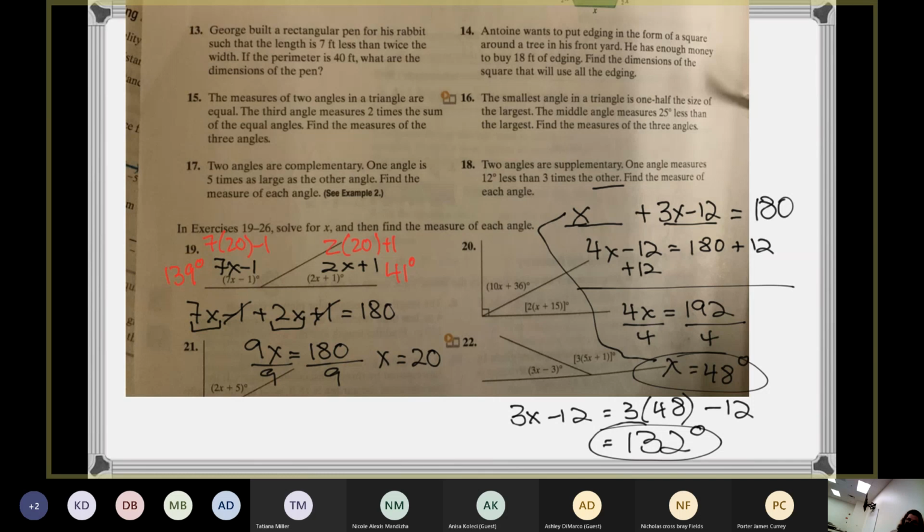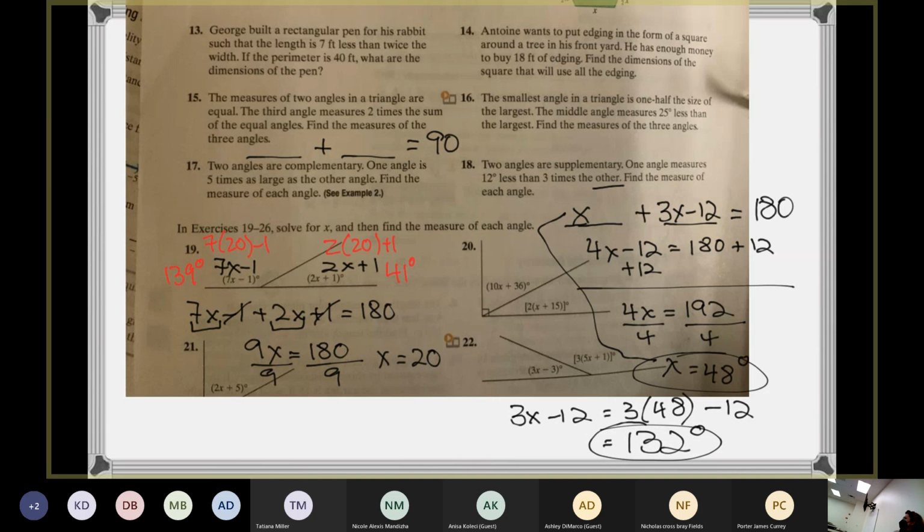Let's do one more. Number 17. Two angles are complementary. What does that mean? That means they add up to 90, right? One angle is 5 times as large as the other angle. So 5x plus x.